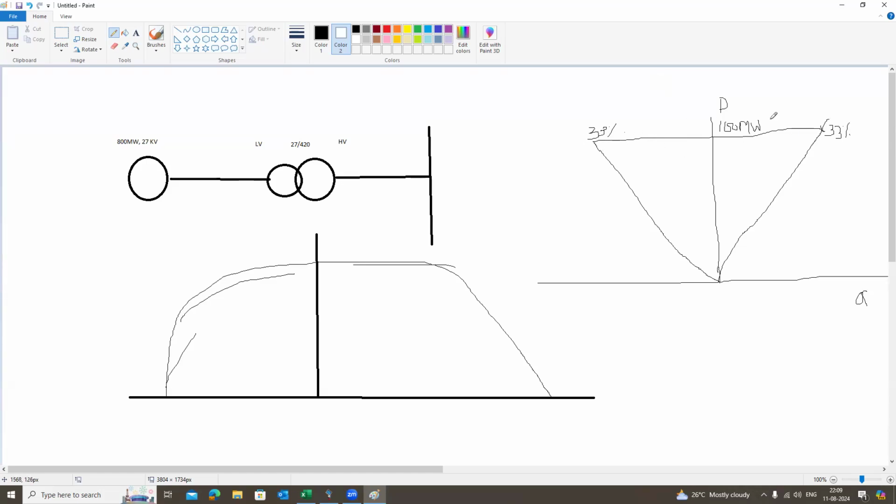For this, for the different grid voltage conditions, we will draw a PQ plot. Suppose grid voltage is 110%, 100%, and 90%. In all three conditions, you have to maintain this amount of reactive power.